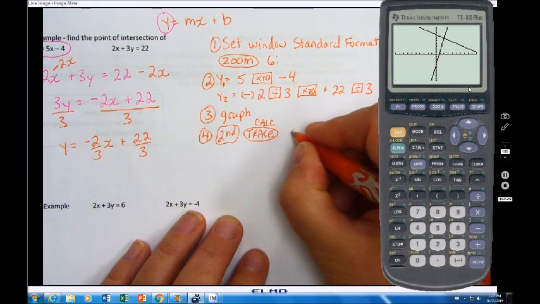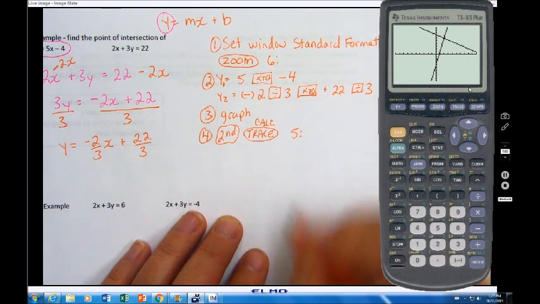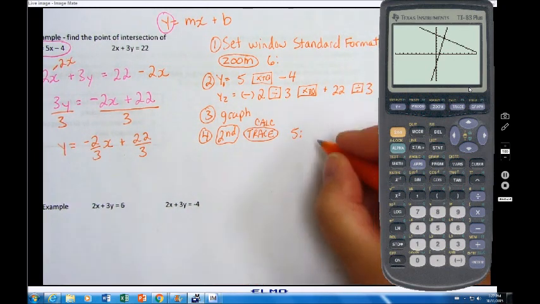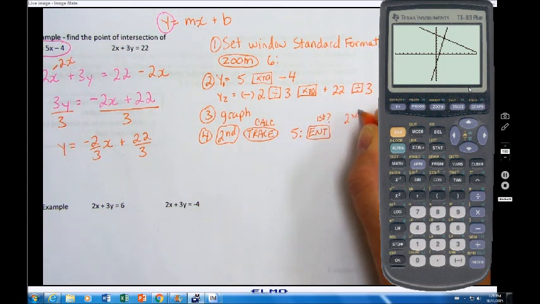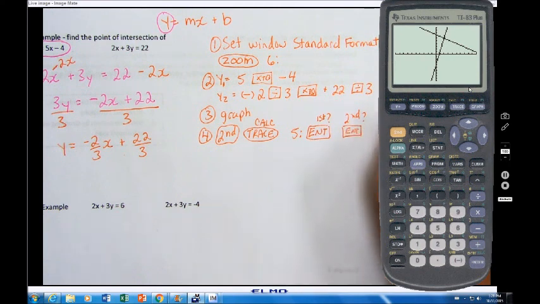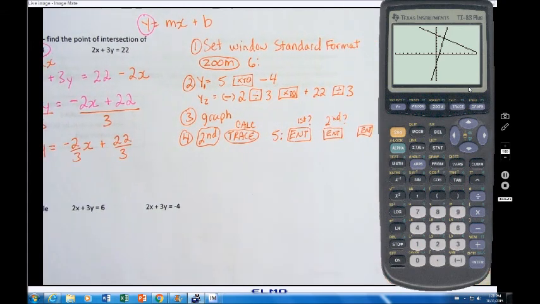And we want number 5. That's our intersect. And then you're going to have to hit enter, enter, enter. First curve, second curve, and then it asks you to guess. That will give us our intersection.